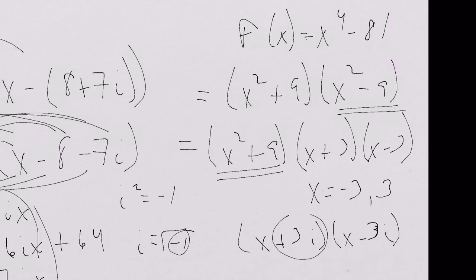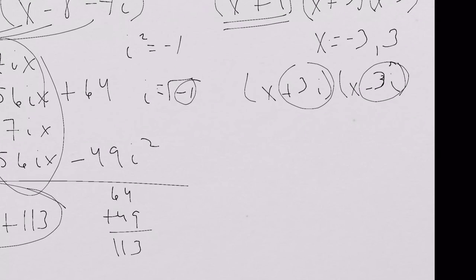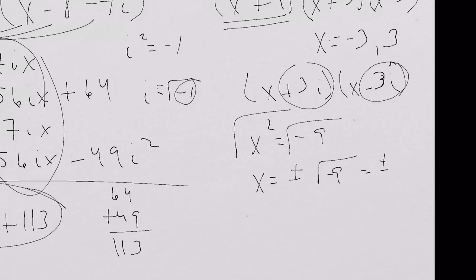So this is where I get negative 3i as a solution and positive 3i as a solution. Again, x squared equals negative 9. Take the square roots of both sides. So I get x equals plus or minus square root of negative 9, which is plus or minus 3i. I promise that's a 3.